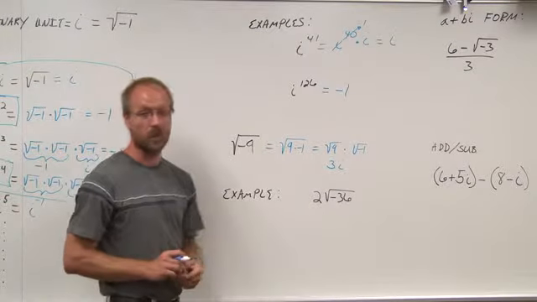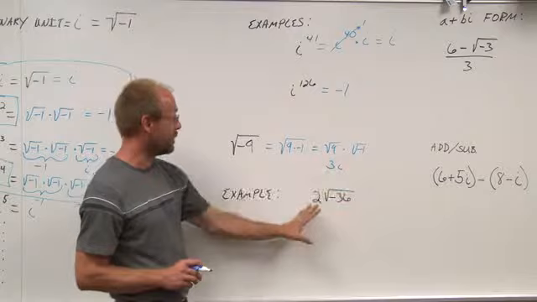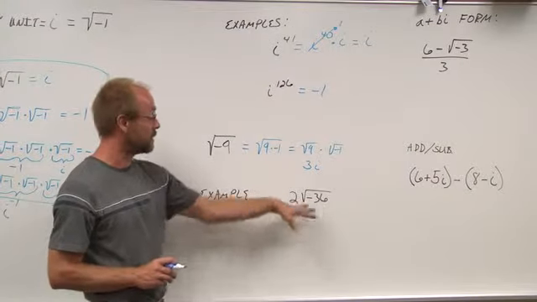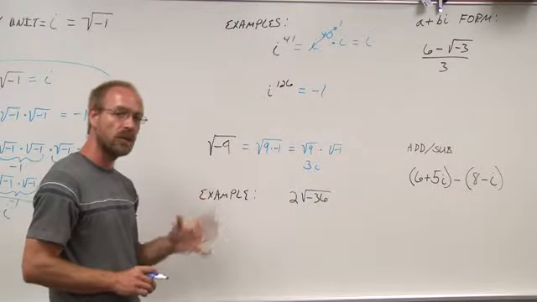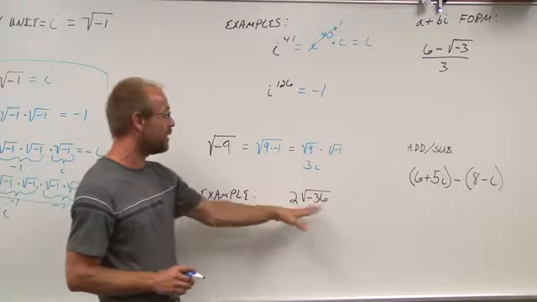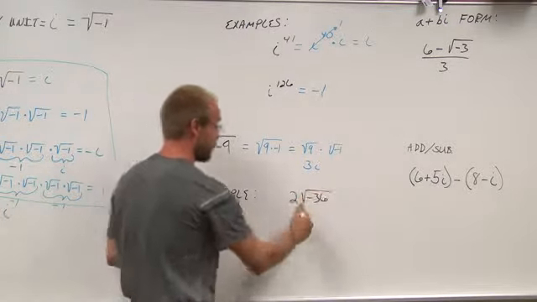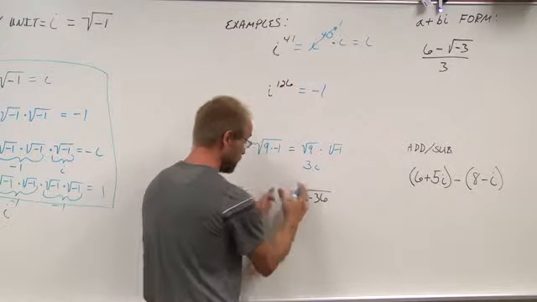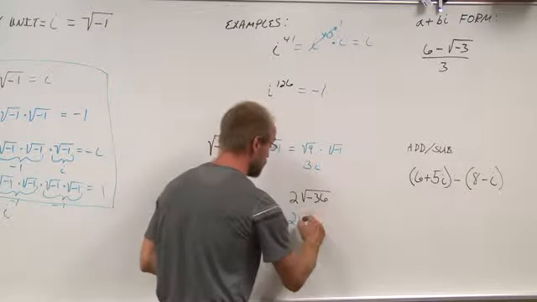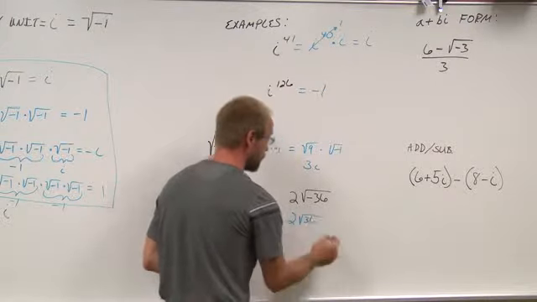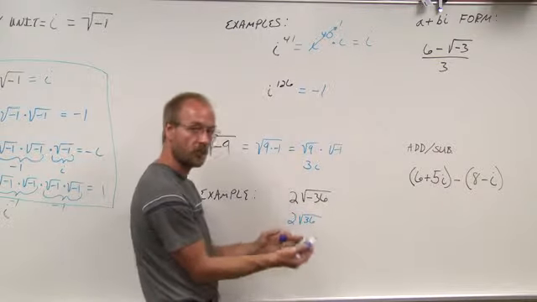Let's look at this example here. What can I do when I have numbers outside the radical and numbers inside the radical? Well, the first thing we always want to assess is take out that negative value first. This factors to, I'm just leaving the 2 alone, 2 times the square root of 36 and the square root of negative 1.